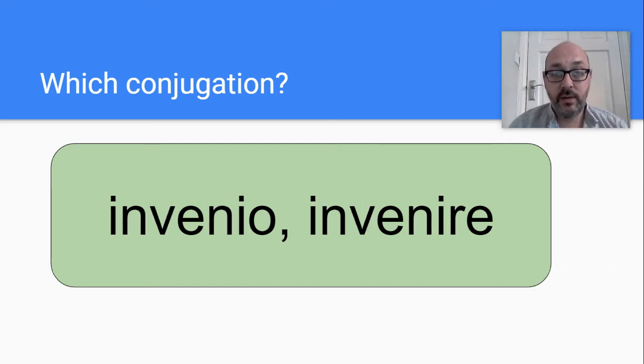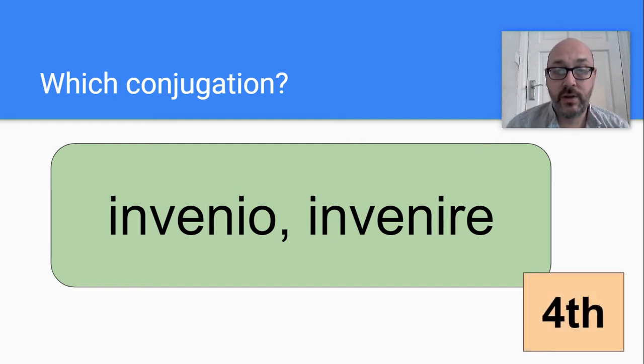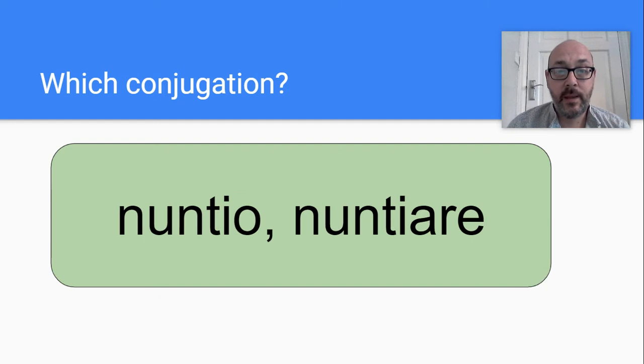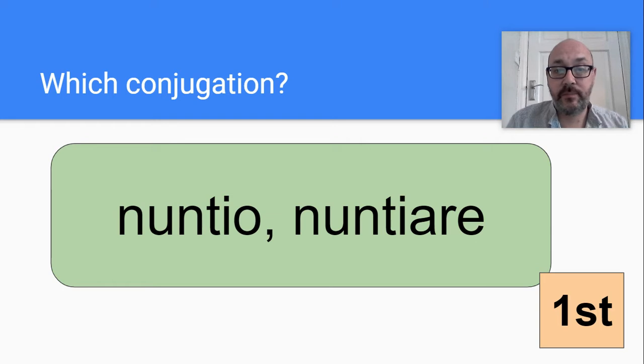What's the conjugation? That's right. It's fourth conjugation, like audio. Nuntio, nuntiare. I expect you can guess what this word means. What's the conjugation? That's right, it's first conjugation. So remember, nuntius is a messenger. So nuntio means I announce or I bring a message.